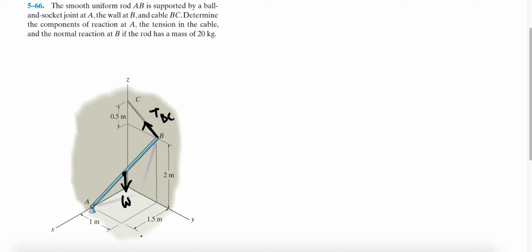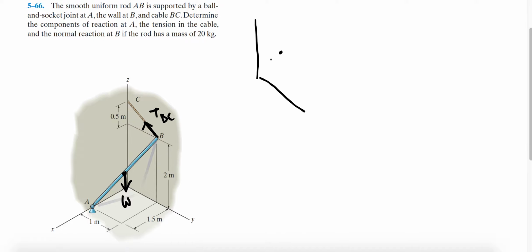So to discuss that a little bit, first let's talk about the wall. So the wall, let me just draw it in perspective here. So the rod is leaning right at point B, right? Every time you have a surface contact, the force that surface is doing should be perpendicular to that surface.